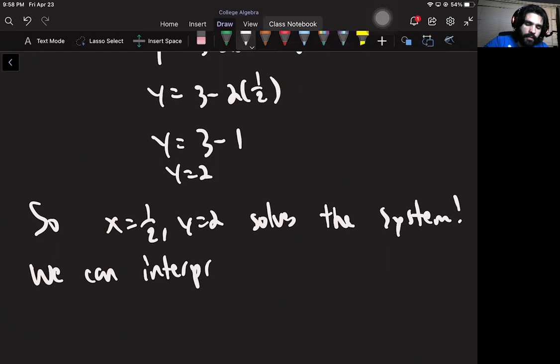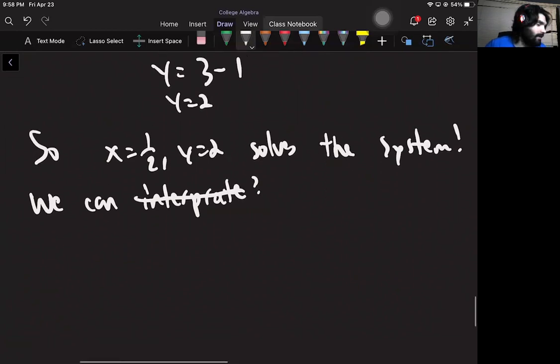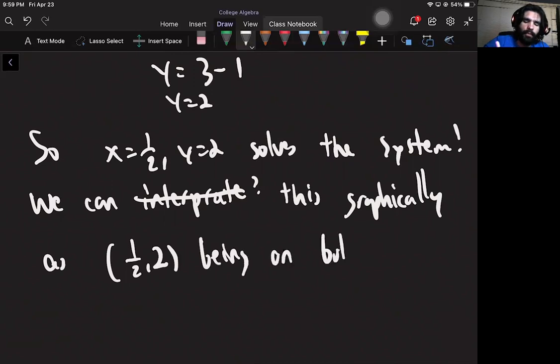Interpret, I don't know how to spell that. That doesn't look right. We can interpret, spell it yourself. Okay, we can interpret this graphically as the point (1/2, 2) being on both lines, because (1/2, 2) solves both equations.